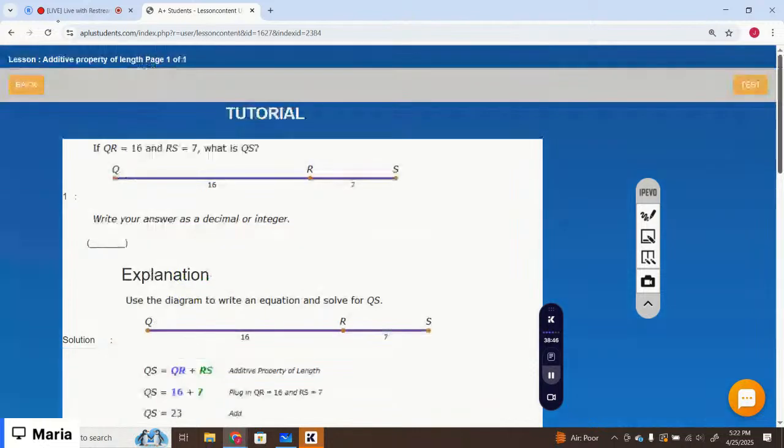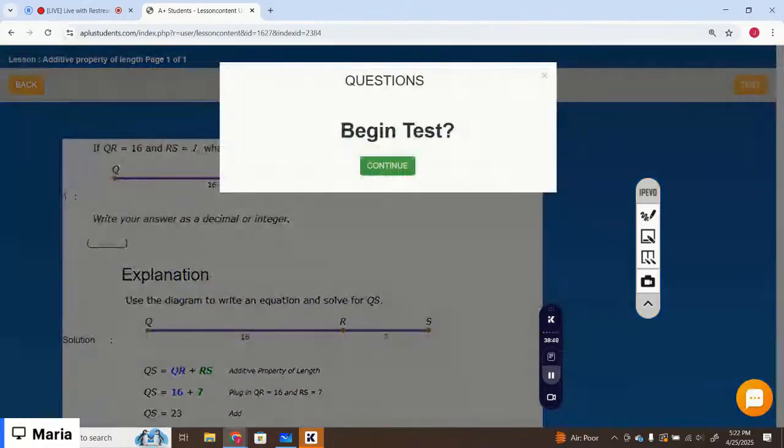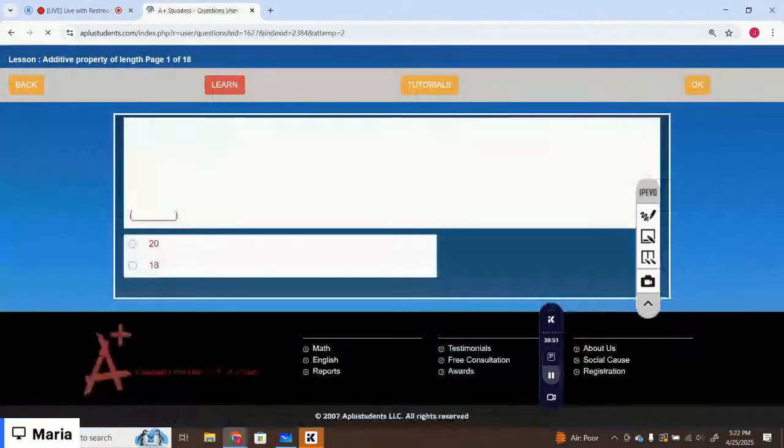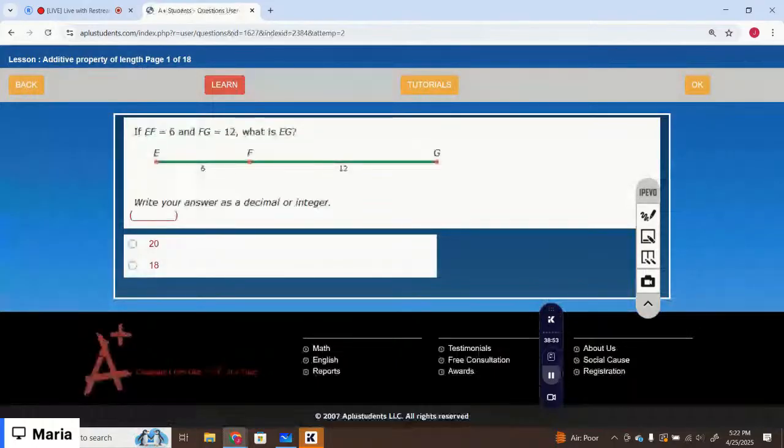Okay, let's just start with the test questions. If EF equals 6 and FG equals 12, what is EG?